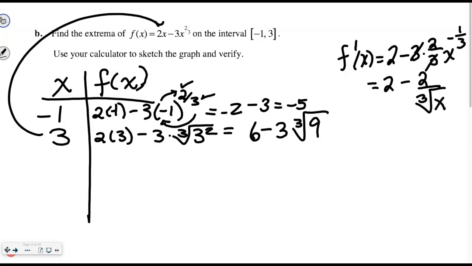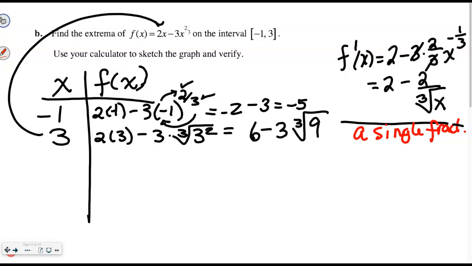All right. The next thing you want to do is figure out where the derivative equals 0 or doesn't exist. At this point in your notes, I want you to go like this. Always get it as a single fraction, because you have to set the numerator equal to 0 and the denominator equal to 0.